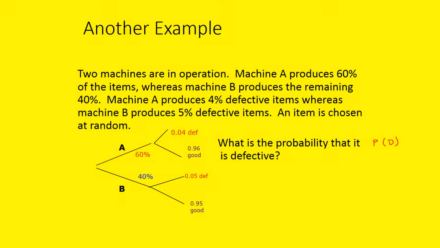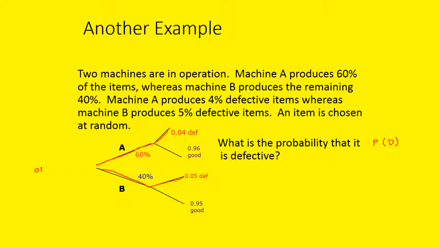You can be defective having been produced by machine A, or you can be produced by machine B and be defective. Two different ways to do it. So it's an or problem. Okay, so that's significant, right?